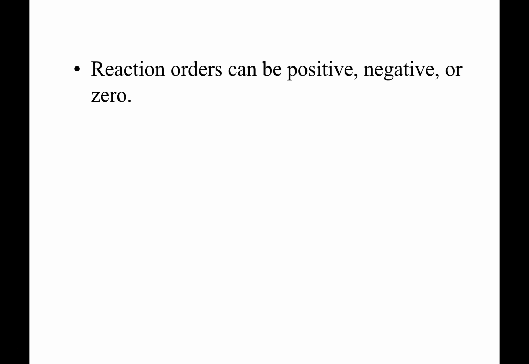If you make that 0, then this thing is 1. And so like the slide said, if your reaction order is 0, this has no effect. Whatever you put in for the molar concentration of A doesn't matter. It has no effect on your rate.